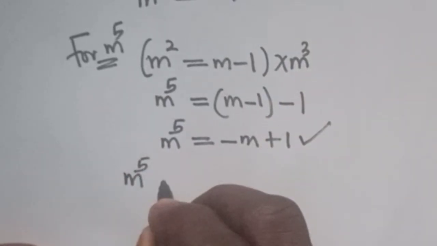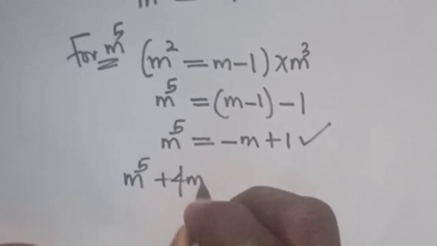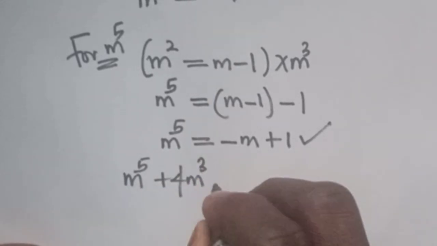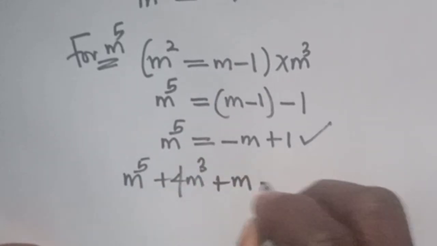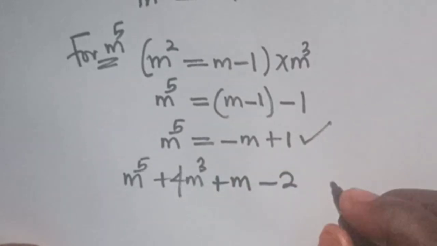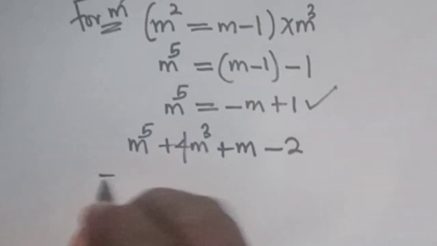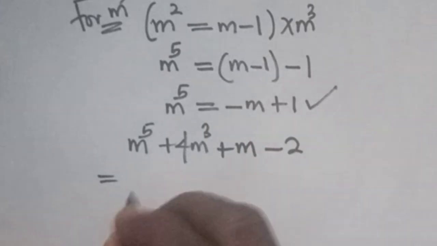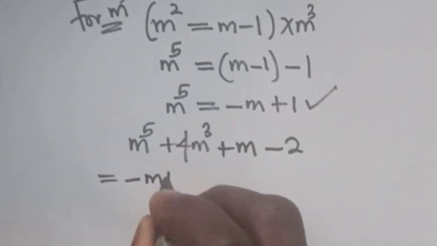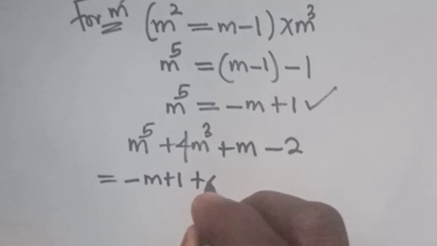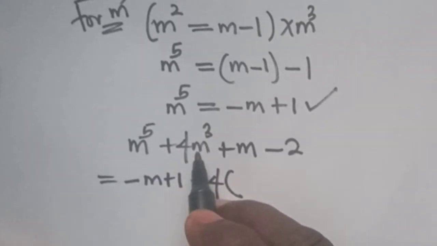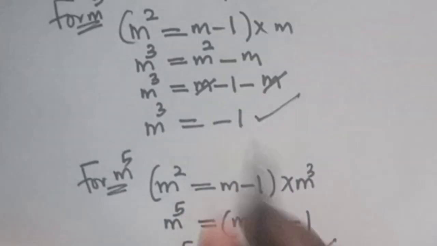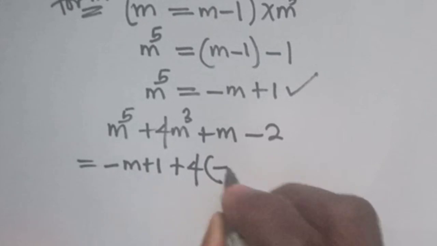So we're going to substitute these values in this equation, that is m to the power of 5 plus 4m to the power of 3 plus m minus 2. This will equal minus m plus 1, plus 4 times m to the power of 3, which is minus 1.